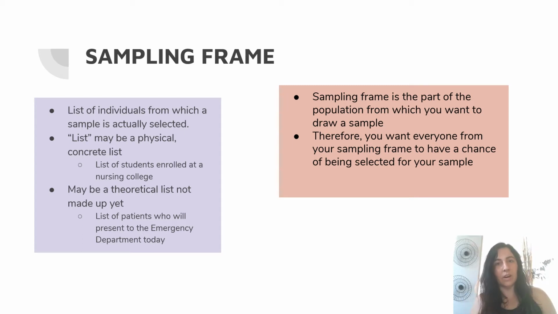Or it can also be a theoretical list, meaning the list hasn't actually been formed yet. An example could be if you wanted to survey patients that are going to go into the emergency department that day, but they obviously haven't shown up yet because it hasn't happened yet. So it's a theoretical list, like a list for the future.